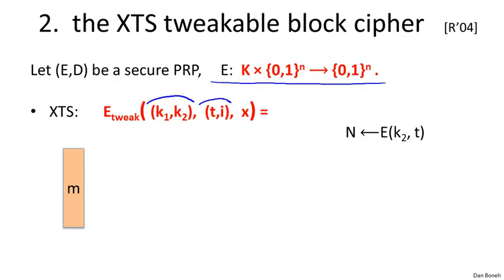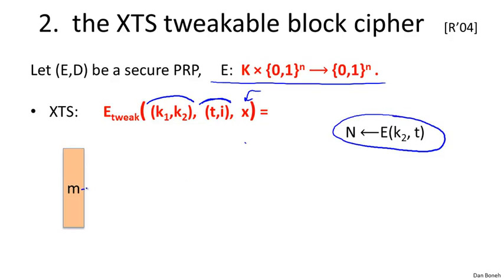For convenience, which you're going to see in just a minute, we're going to assume the tweak space is made up of 2 values, T and I. T is going to be some tweak value, which we'll see in a minute, and I is going to be some index. And then X is going to be an n-bit string, which we're going to apply the tweakable block cipher to. The way XTS works is as follows. The first thing we do is encrypt the left half of the tweak, namely T, using the key K2, and we call the result N.